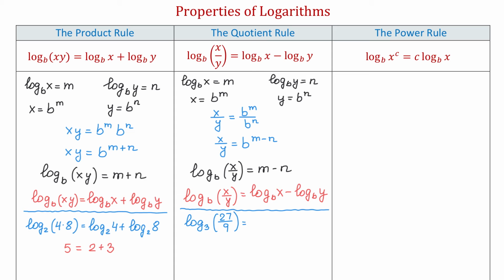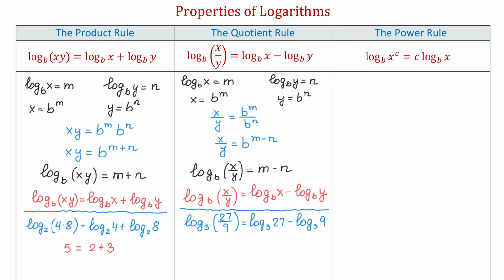According to the quotient rule, we can write this as log base 3 of 27 minus log base 3 of 9. Again, here we can evaluate each of these sides individually and see if they are equal. On the left side, 27 divided by 9 is 3. Then 3 to what power makes 3?